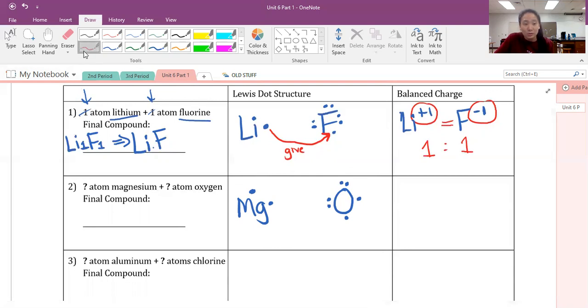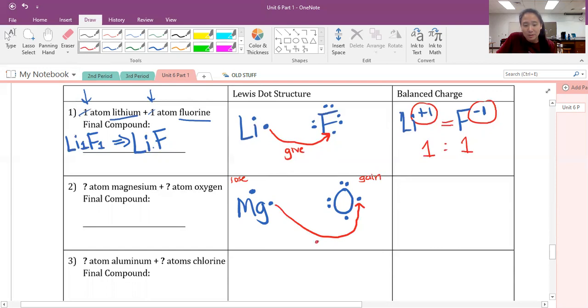Metals are going to lose electrons, so the whole point is to lose on this side. This side's going to gain electrons so that both parties are happy. So magnesium can give away 1 of the electrons to go here, and this other electron can go over here to give it away, right?